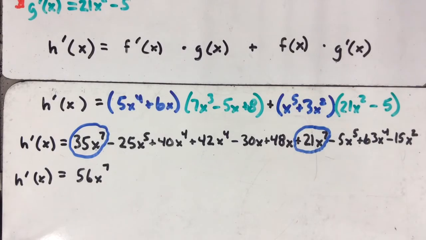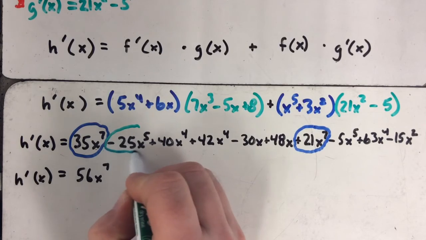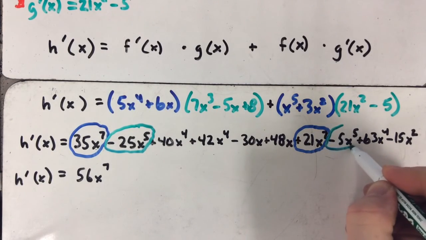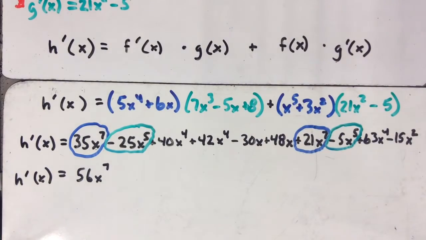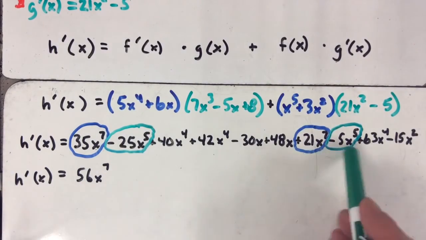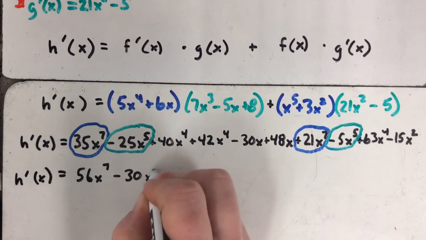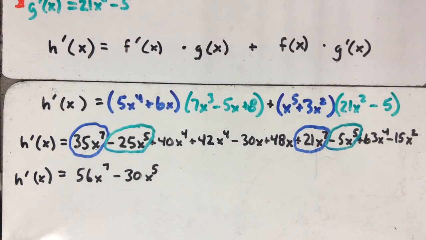So x to the 5th terms would be next. I see that we have an x to the 5th term here, and there's one here, and that's it, I think. So negative 25 minus 5 is a negative 30x to the 5th. Then the x to the 4th terms, there are quite a few of those.